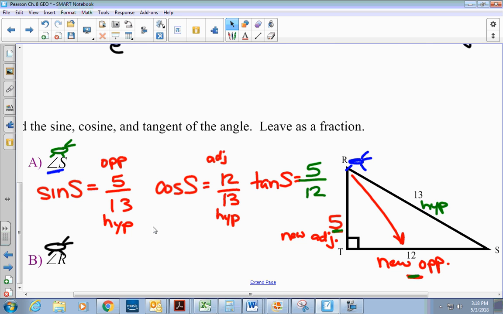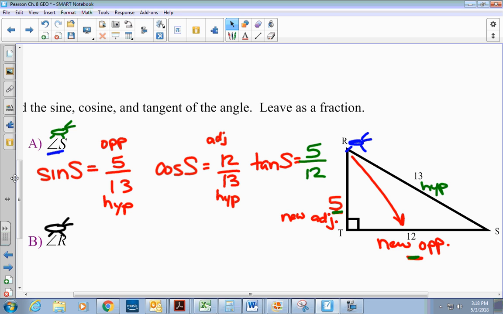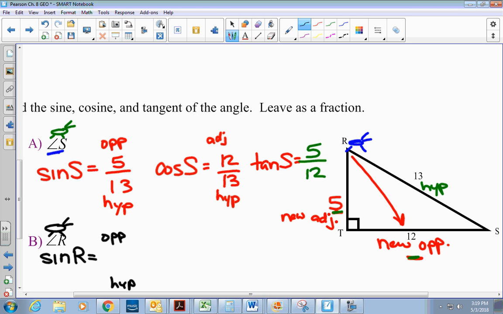We're going to put together sine, cosine, and tangent for our new perspective. So the sine of R is the opposite side over the hypotenuse. Opposite side is 12. Hypotenuse is 13. So it's kind of just like the reverse of what we did.